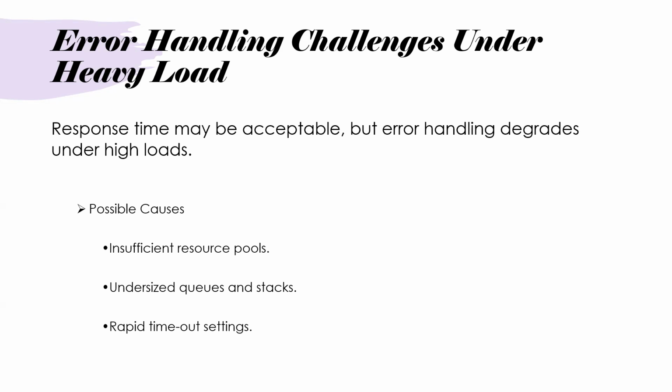For this kind of scenario, possible causes could be insufficient resource pools, undersized queues and stacks, and rapid timeout settings. If any of these causes has happened, errors could occur when we increase the load on the application.